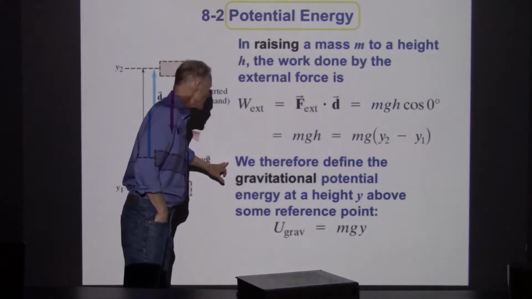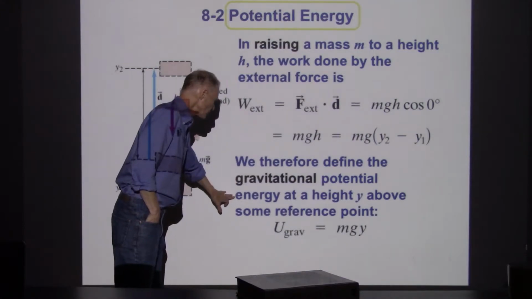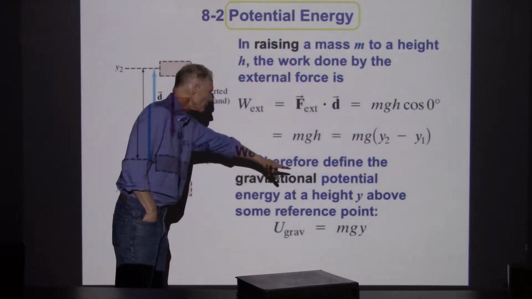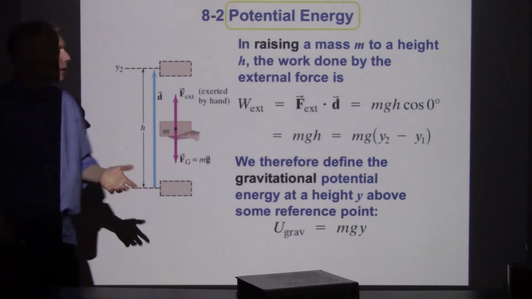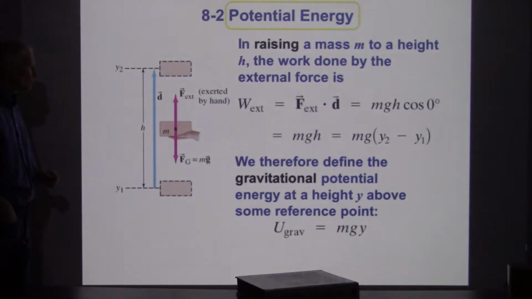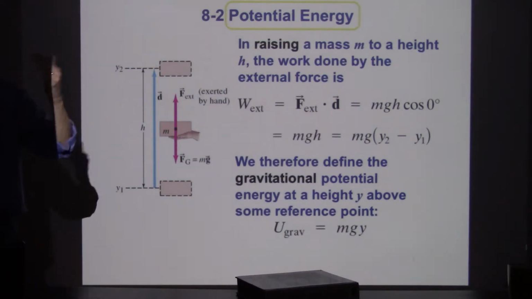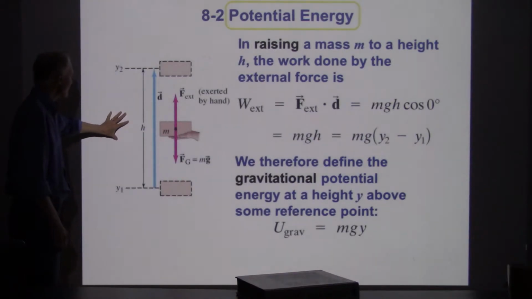So we therefore define this as a gravitational potential energy given by a height. Now here they've called it y. They've also used the symbol h, and we'll see both of these get used. So we'll see sometimes we'll be using y as a variable. We can just use x. We don't have to use y just because it's vertical.